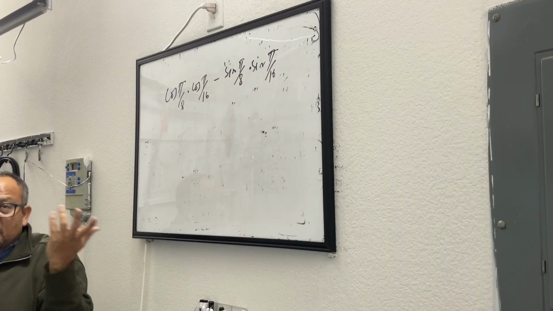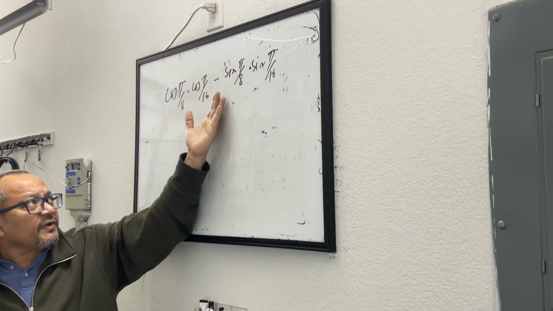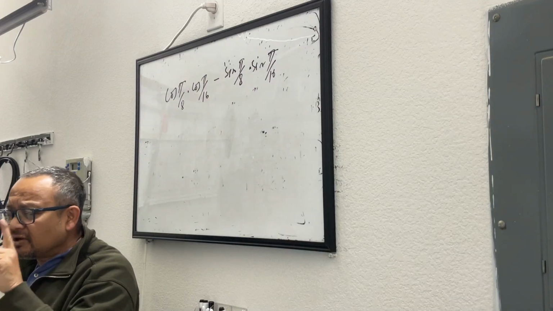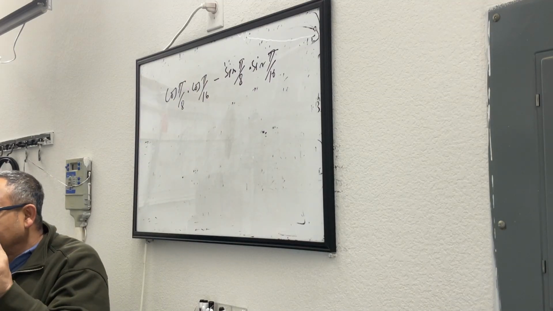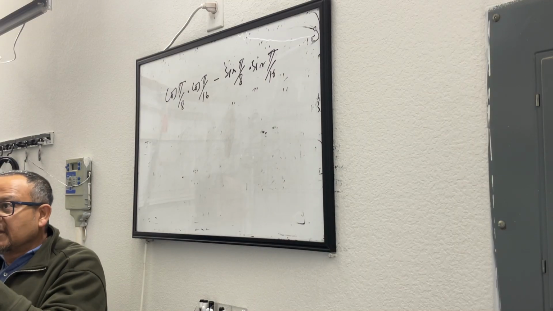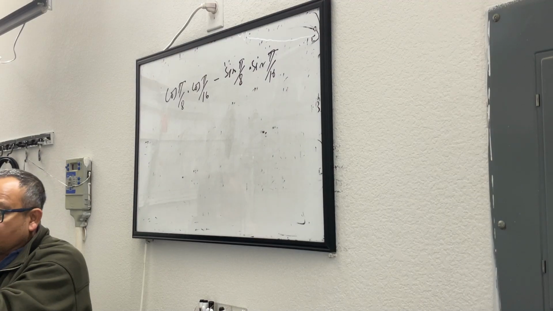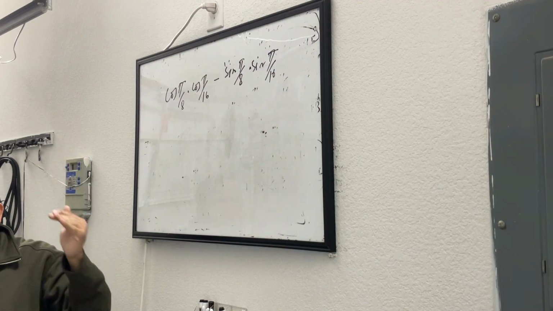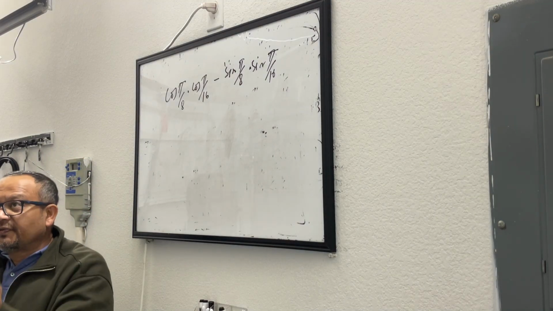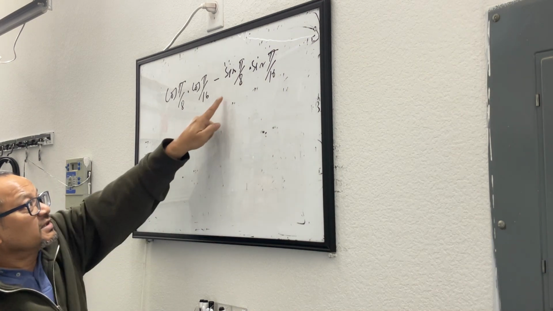There's one more thing you can think: it's cos A times cos B minus sine A times sine B. Is it relating to any of the trig identities we have learned? Cos of A plus B becomes cos A cos B minus sine A sine B. Cos of A minus B equals cos A cos B plus sine A sine B. So this is a formula.